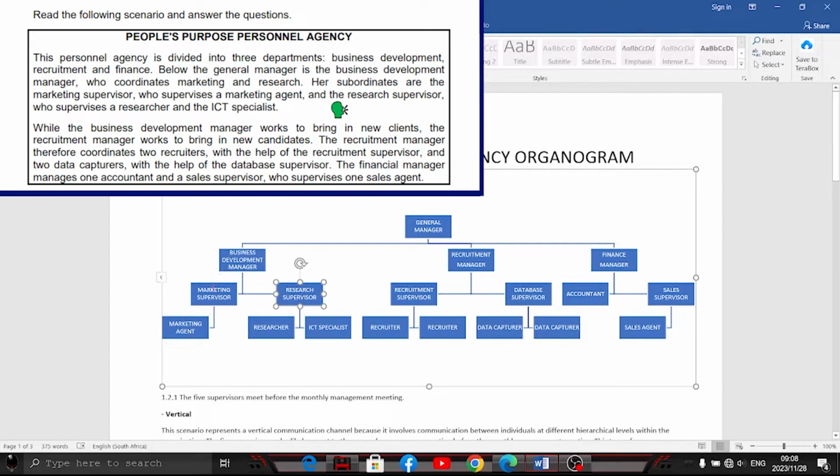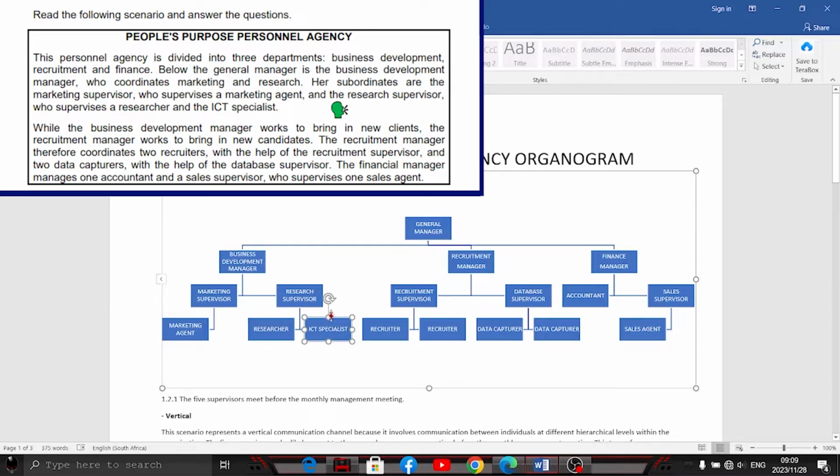The marketing team is run by the marketing supervisor, who oversees 1 marketing agent. And then we have a research supervisor, who supervises a researcher and the ICT specialist. You have your research supervisor here, who is overseeing 1 researcher and 1 ICT specialist. So that is the business development department.